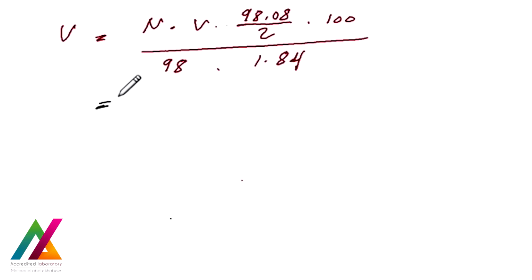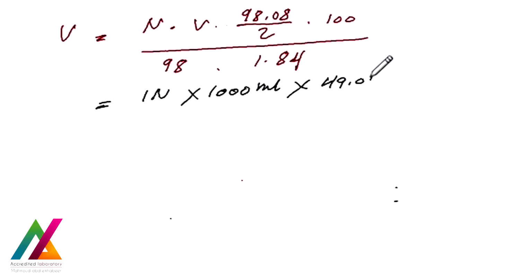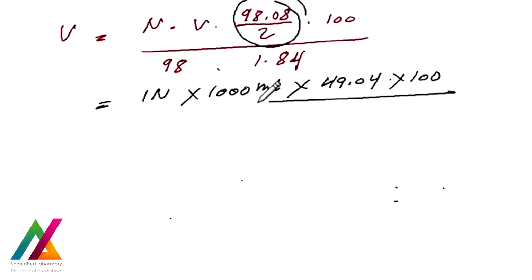So you want to prepare one normal H2SO4 in 1 liter of solution, multiplied by 49.04, multiplied by 100 divided by 98, times 1.84.